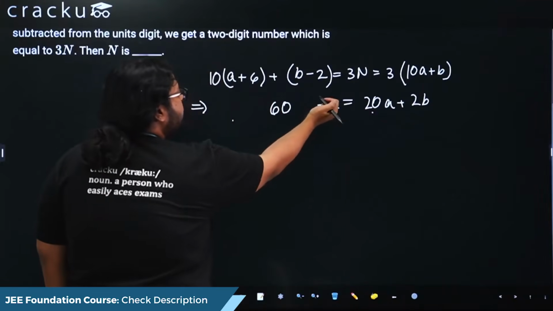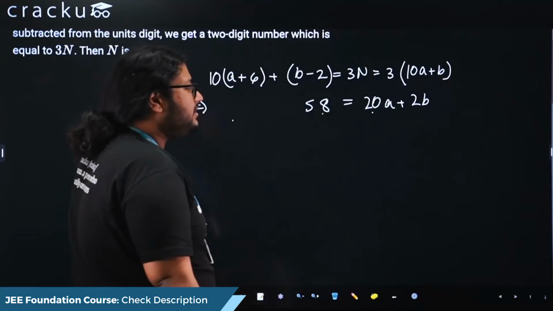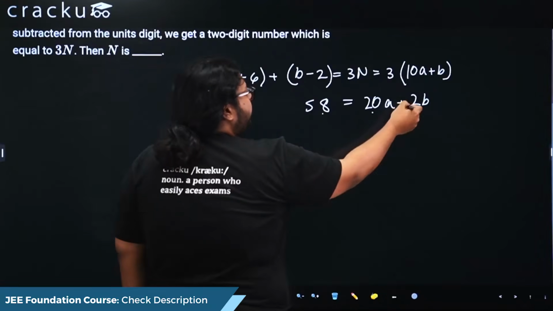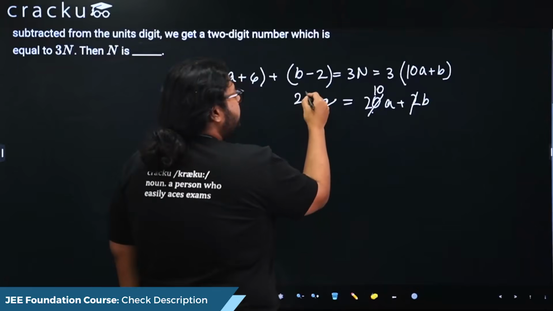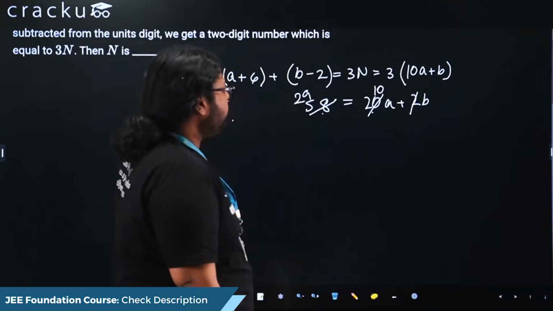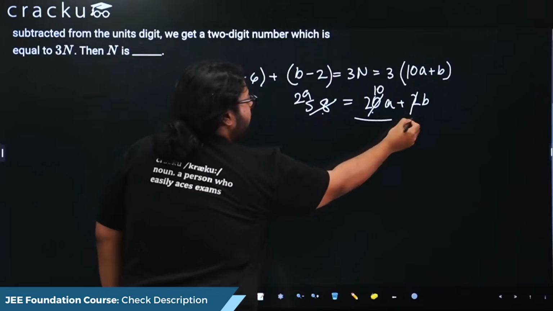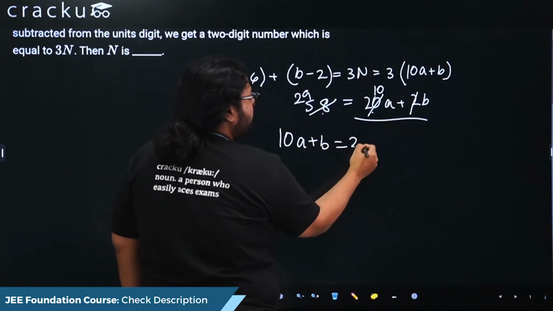This is equal to 60 minus 2, which is 58. I can just remove the 2, I get rid of the 2. That's 29. So I am left with 10a plus b is equal to 29.